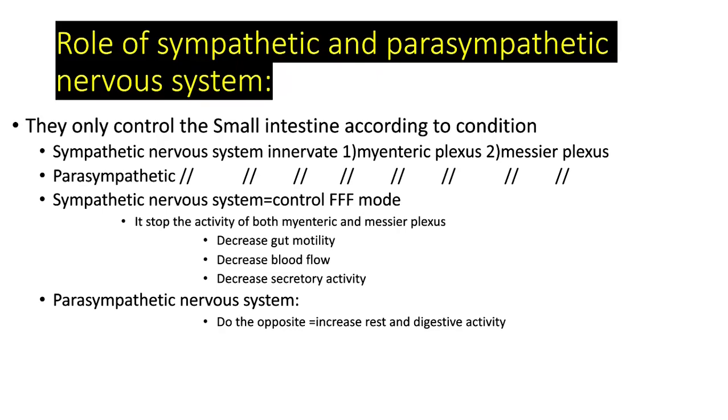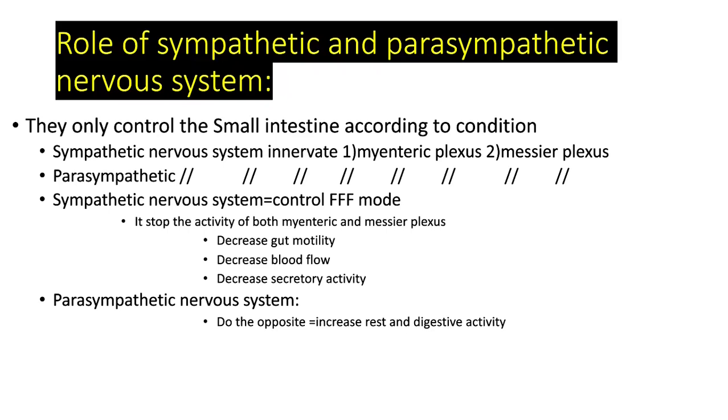The role of the sympathetic and parasympathetic nervous systems. The parasympathetic and sympathetic nervous systems also have a role over the small intestine, whereas many scientists suggest that the motility of the small intestine is entirely controlled by the enteric nervous system. Okay, so the sympathetic nervous system innervates the myenteric and meissner's plexus, and the same is true of the parasympathetic nervous system.